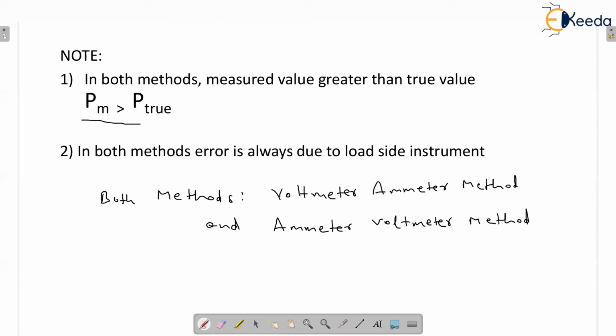PM is greater than P true. So in both methods, error is always due to the load side instrument.